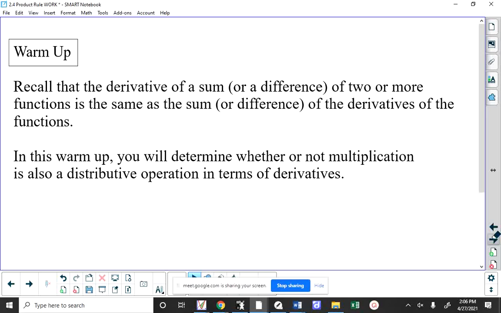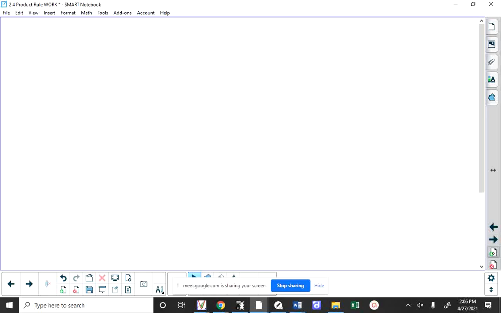There are certain things in mathematics that are, what's the word? I guess the technical word is commutative. I'll give you an example of something that is commutative.